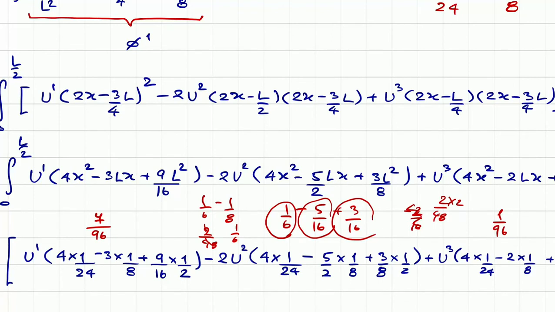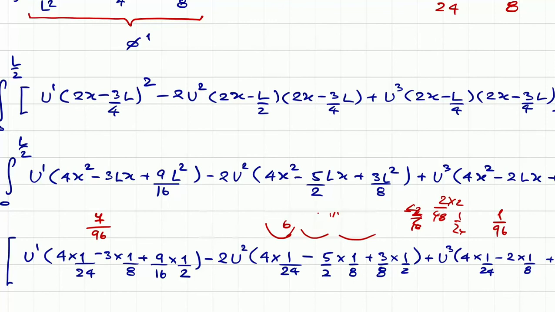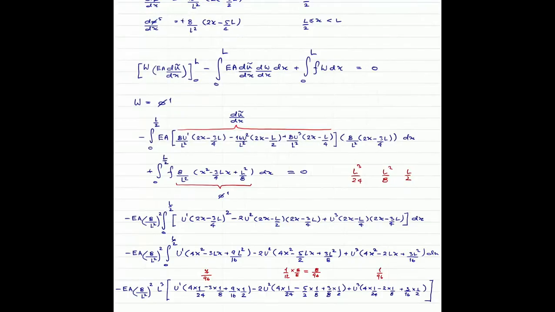Multiply by 2. Okay, so 4 over 48, 1/12. Huh? 1/12? Oh, 4 over 48. Yeah, 1/12. Okay, alright. So 1/12, 1 over 12 multiplied by 8 over 8 turns out to be 8 over 96. Alright. Okay. Looks good.